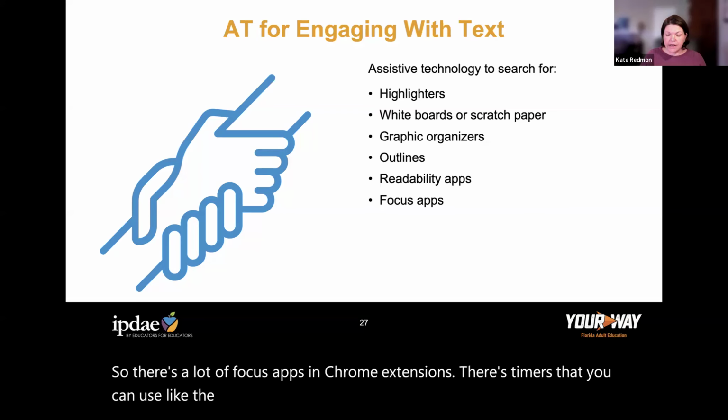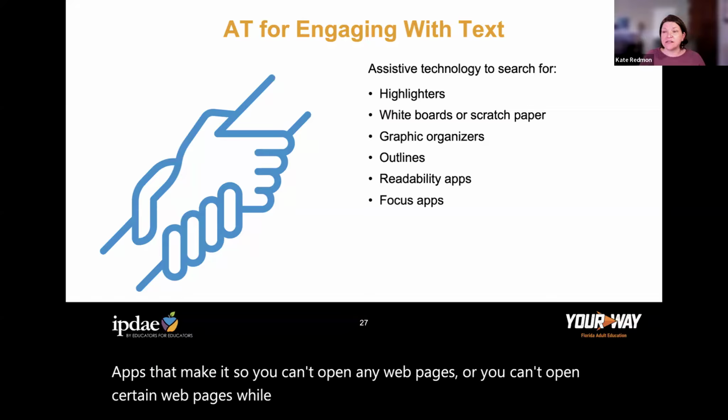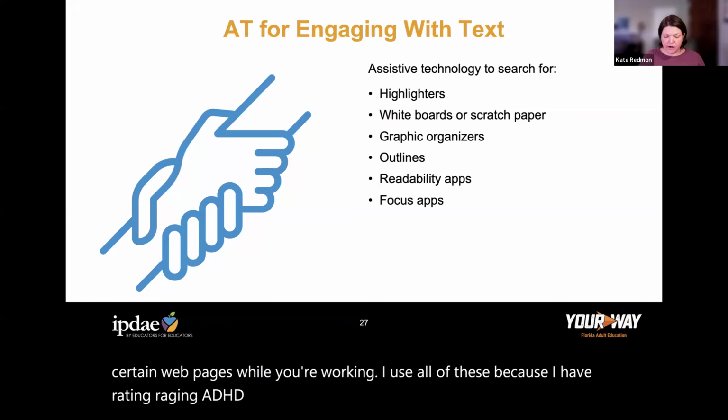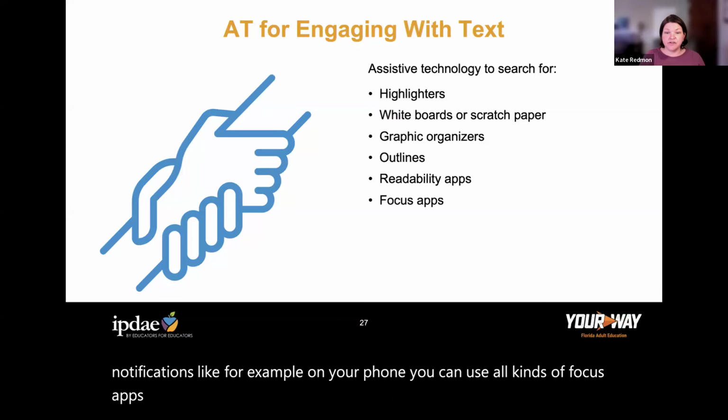There are apps that make it so you can't open any web pages, or you can't open certain web pages, while you're working. I use all of these because I have raging ADHD, you guys. There are ones that make it so you won't get notifications, for example on your phone. You can use all kinds of focus apps, and I highly recommend you and your students do.